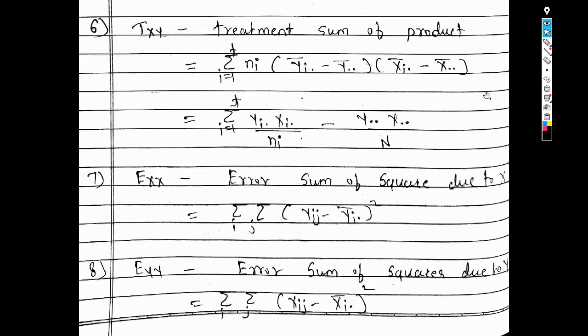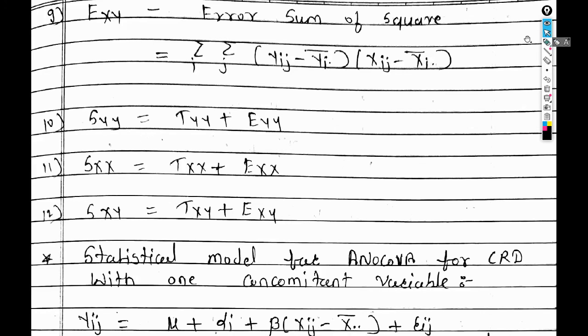Then next is Exy. So Exy is the error sum of product of x and y. How do we find this? It is summation (yij minus yi dot bar) into (xij minus xi dot bar). And we know that total sum of square is the sum of treatment sum of square and error sum of square.